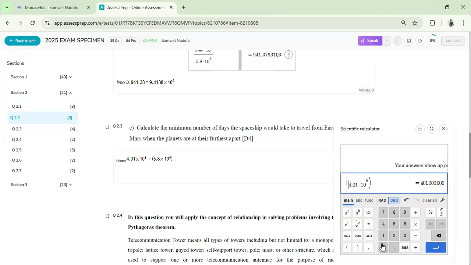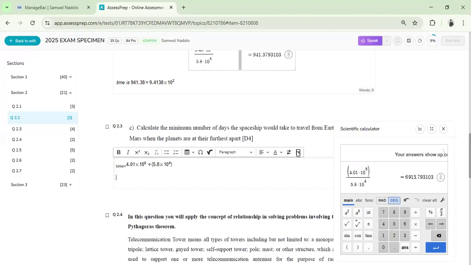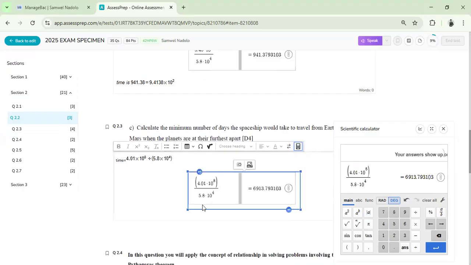I can start, and if I forget to put the fraction sign, I can put the brackets and then just use the division sign, and it will bring my division sign there. 5.8 times 10 raised to 4. Okay, so we can have that, and then you can click here, copy from calculator, and wait for it to copy for you what you have done. All right, so we'll give you that answer.